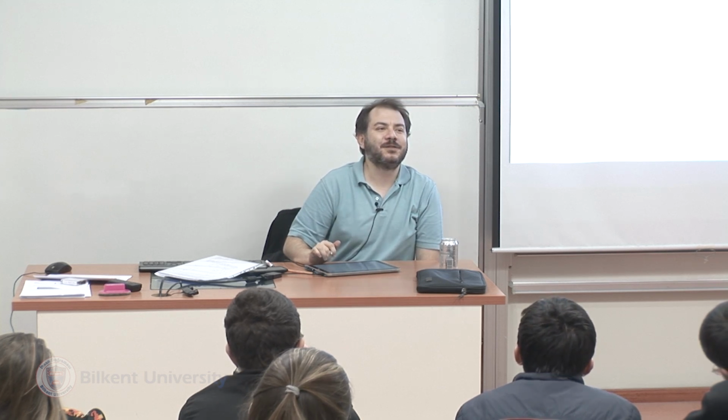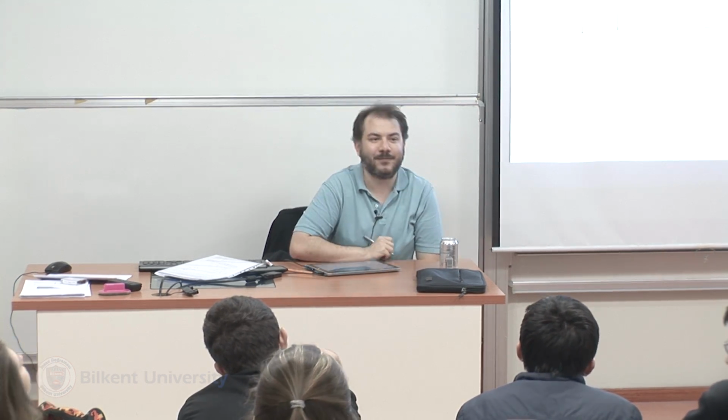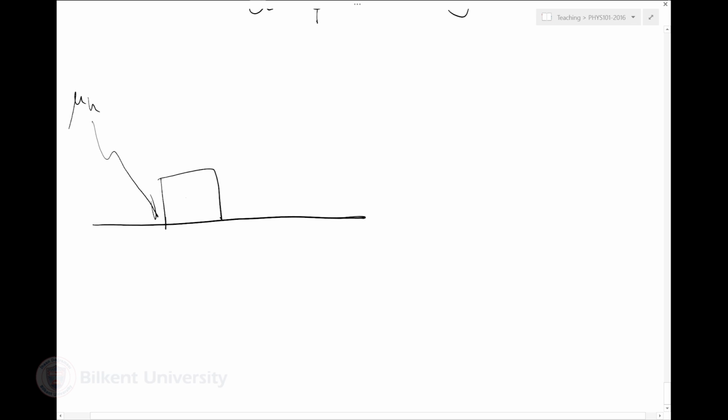Let me first show you a counterexample. The kind of force for which we cannot define a potential. And it's our old friend friction. Let's say that there is a friction here. There's some kinetic force.